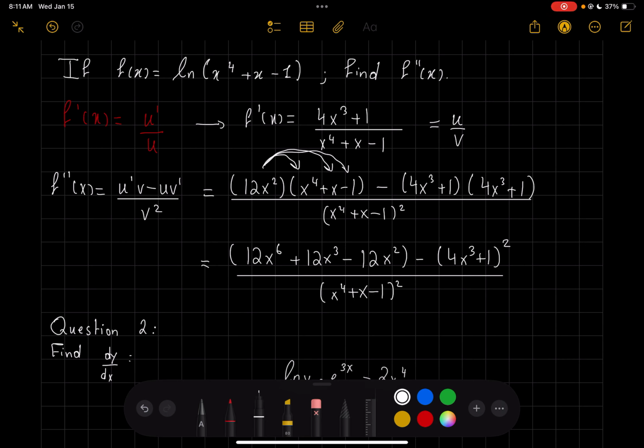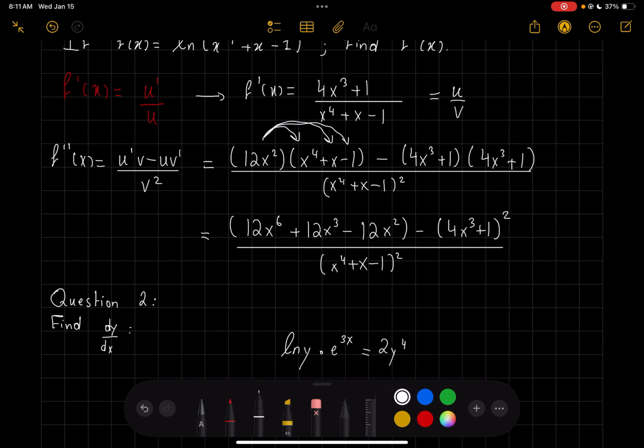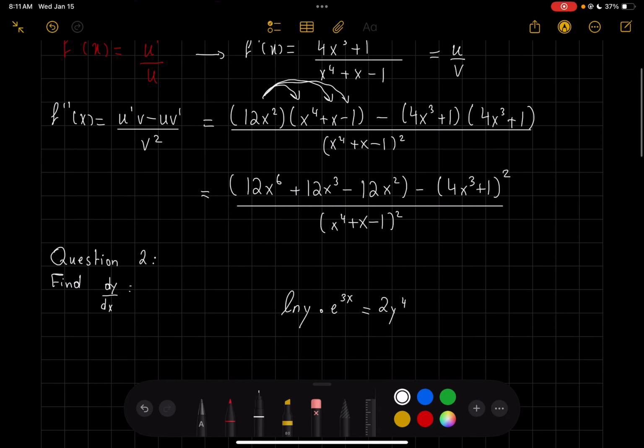You can keep it like this, or you can even expand it even more to simplify it even more, but basically, yeah, that's the answer. But I'm not going to continue it because I don't have any more space.